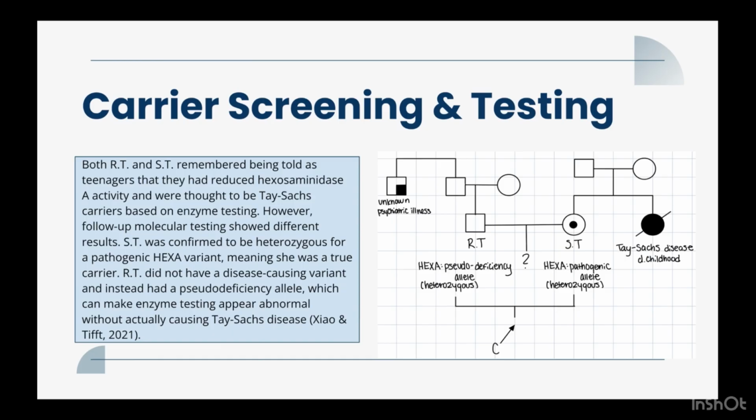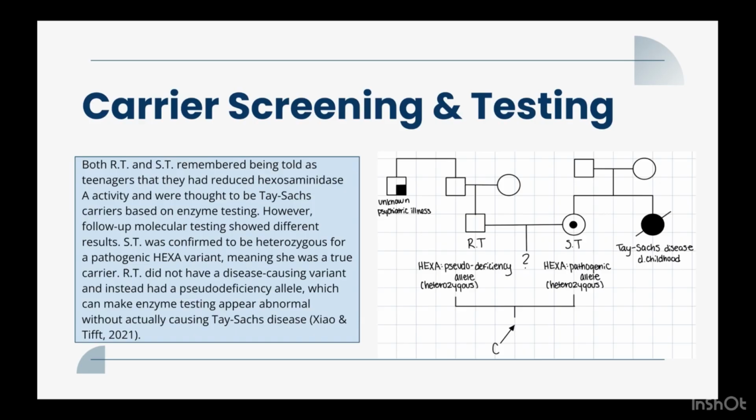So ST was confirmed to be a heterozygous carrier for the pathogenic HEXA variant, as indicated with the darker circle inside of her circle. Tay Sachs is an autosomal recessive disorder. So this does mean that she does not have Tay Sachs disease, but she is putting a child at risk of becoming a carrier.